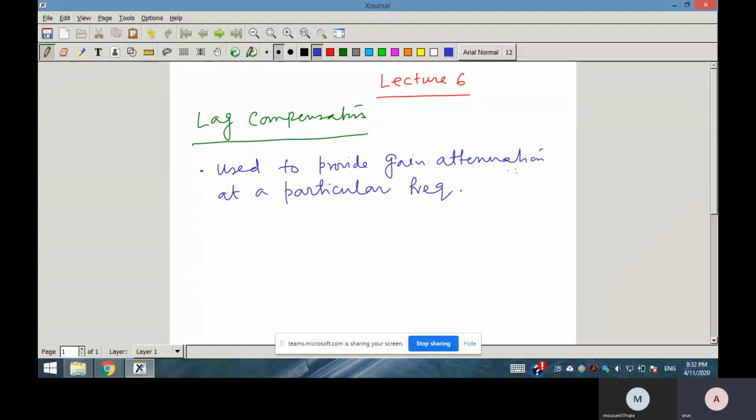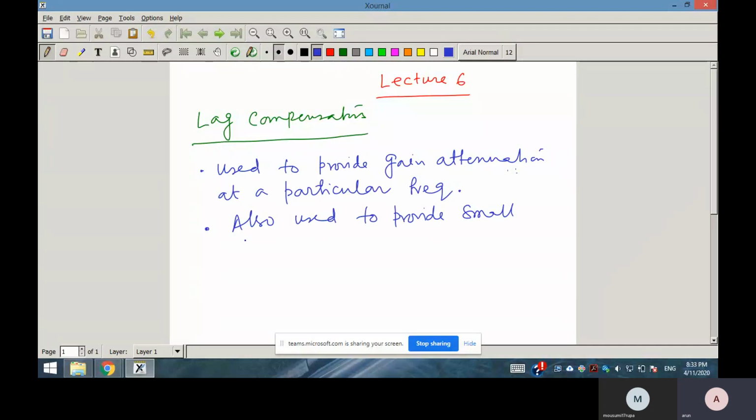So when you are providing gain attenuation at a particular frequency, you also have to provide some small amount of phase lag. That's why I'm writing, also used to provide a small amount of phase lag, but this is not the objective. The main objective of a lag compensator is to provide gain attenuation.